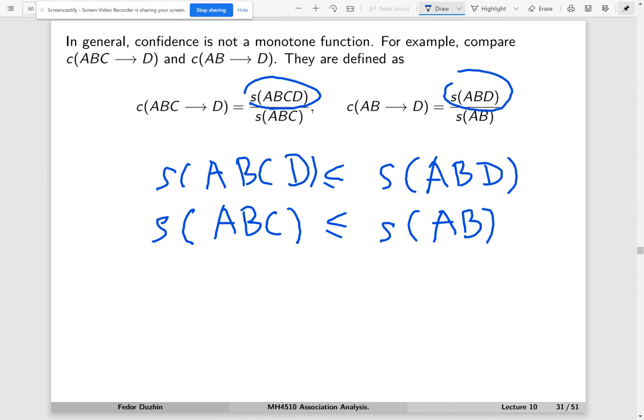The whole fraction can be either bigger or smaller; we don't know.